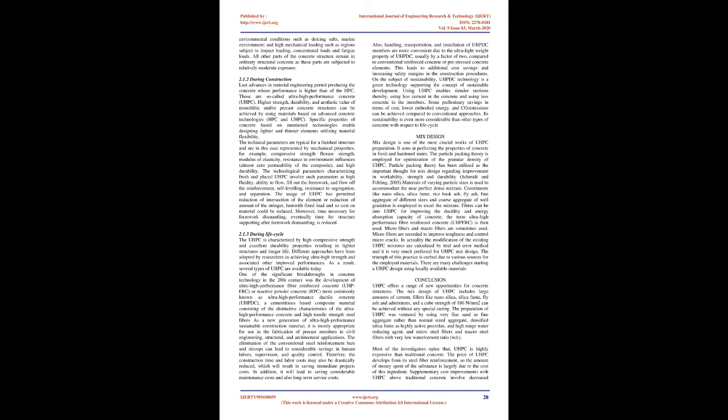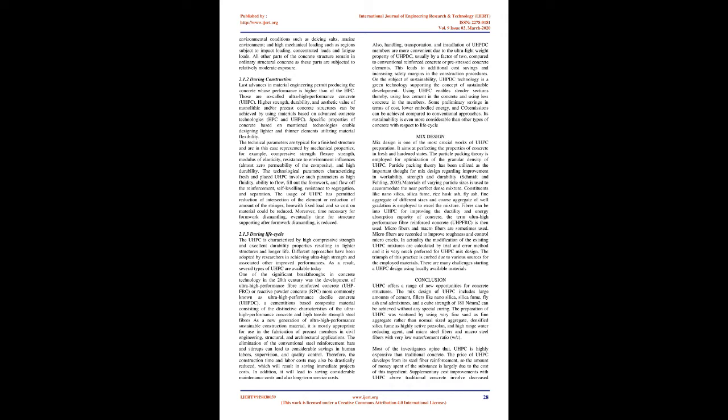Specific properties of concrete based on mentioned technologies enable designing lighter and thinner elements utilizing material flexibility. The technical parameters are typical for a finished structure and are in this case represented by mechanical properties, for example, compressive strength, flexure strength, modulus of elasticity, resistance to environment influences, almost zero permeability of the composite, and high durability.